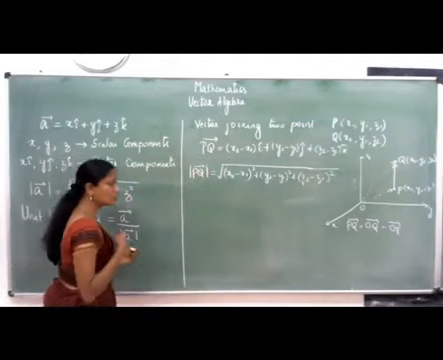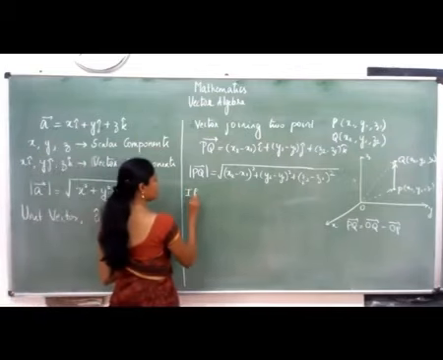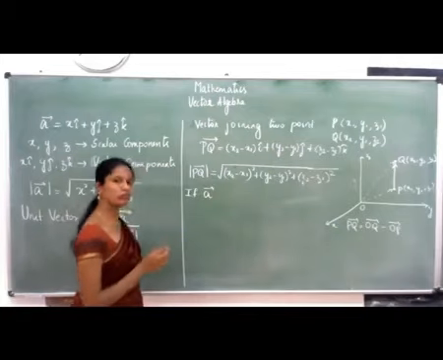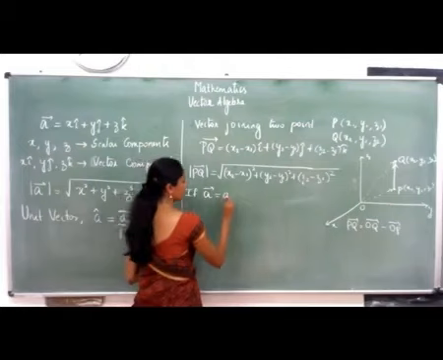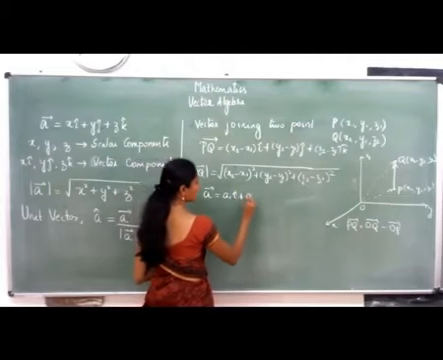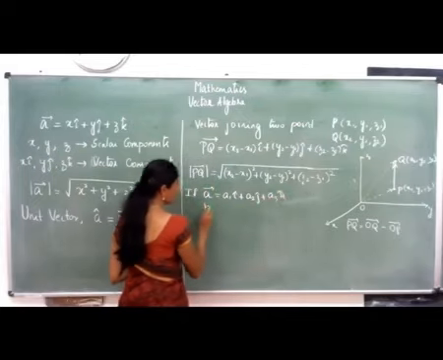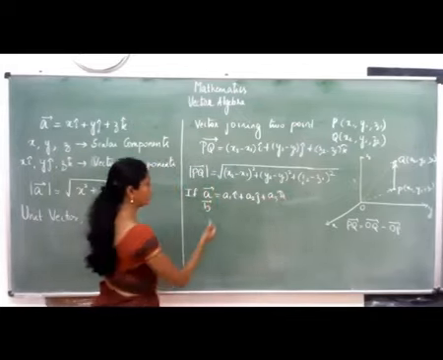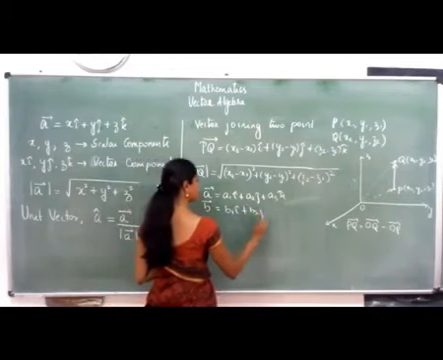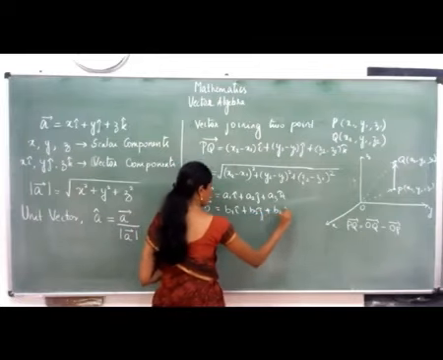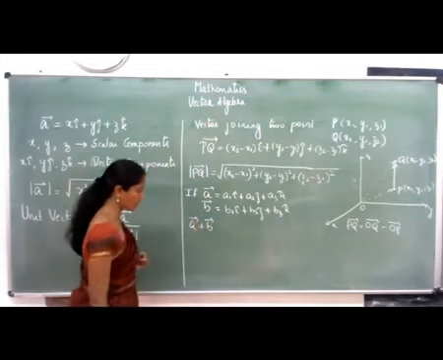Next, we saw how to add or subtract any two vectors. If you have two vectors, say vector A and vector B, given in component form, A1 i cap plus A2 j cap plus A3 k cap and B1 i cap plus B2 j cap plus B3 k cap, then I can add these two vectors.